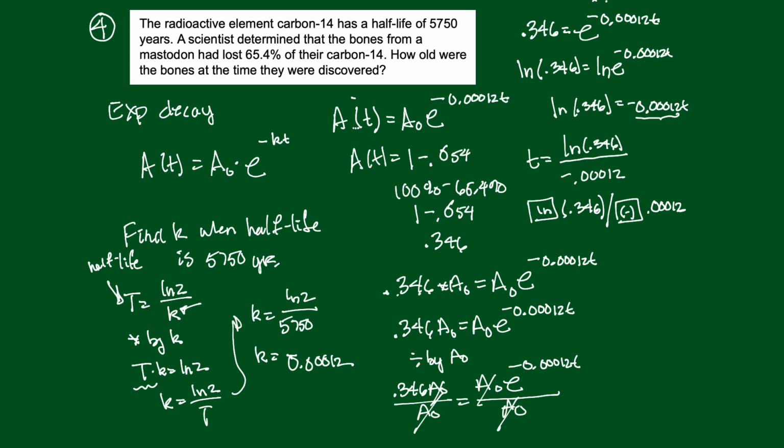Now, when I did that, I got 8,844 and a decimal, but this is the number of years. I'm just going to keep it like this: 8,844 years. So how old were these bones when they were discovered? They were 8,844 years old.